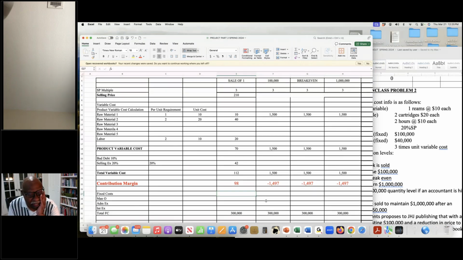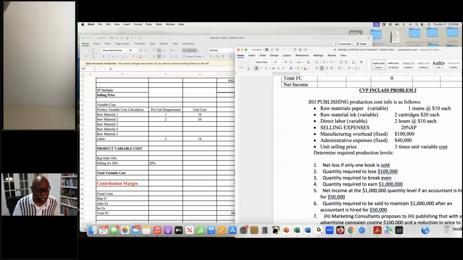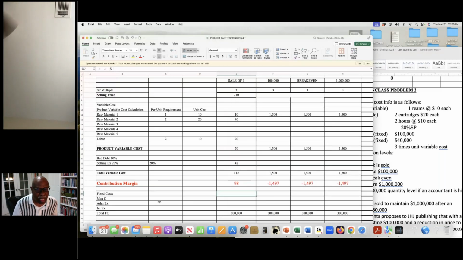So you see what you'd be doing now? Yeah, what do we do with the manufacturing overhead and the administration? It's always fixed. So you can assume that the manufacturing overhead is always fixed for simplicity. And the administrative expenses are always going to be fixed.